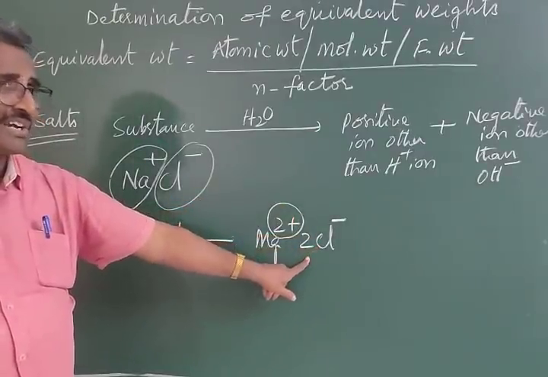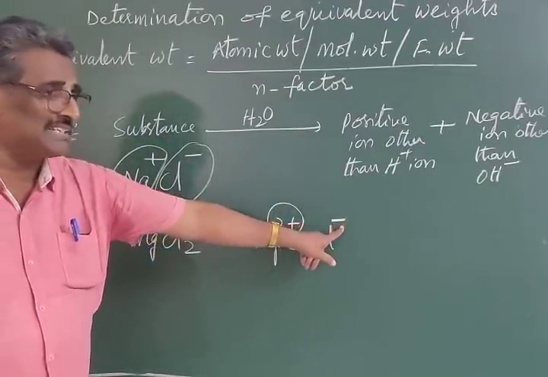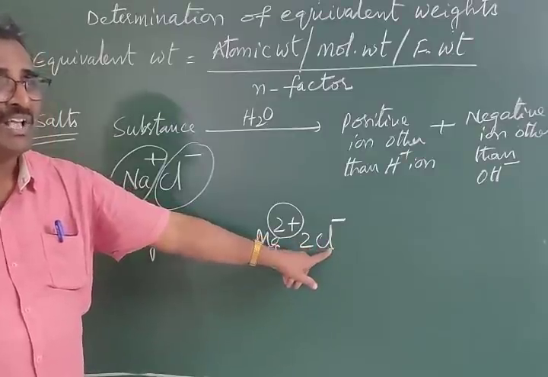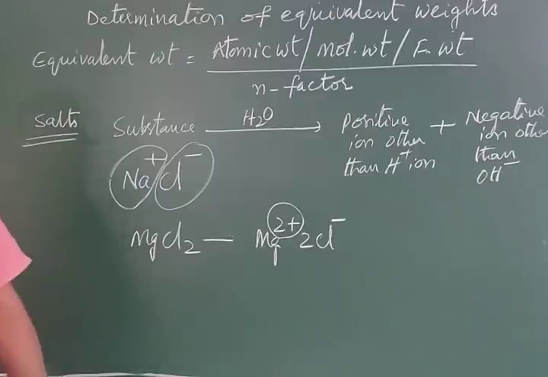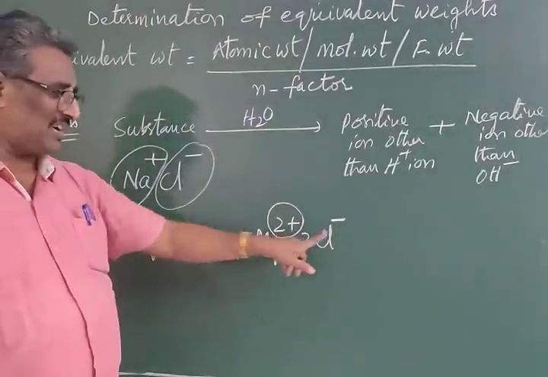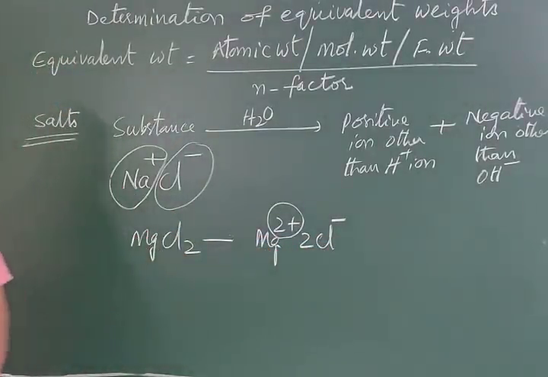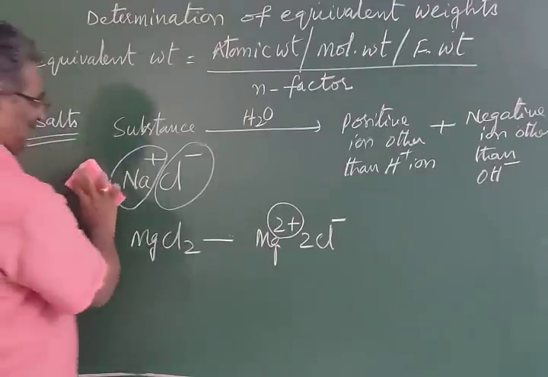How much negative charge is present? 1 unit of negative charge is present in 1 chloride ion, and there are 2 such chloride ions. So the total amount of negative charge present is also 2 units. The amount of positive charge is the same as the amount of negative charge present in one formula unit of the substance.